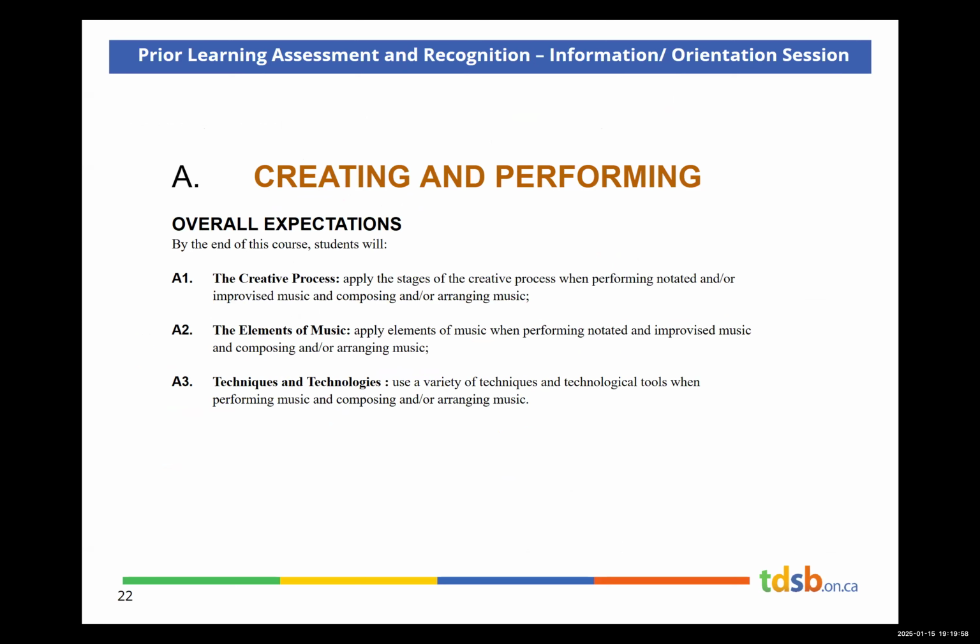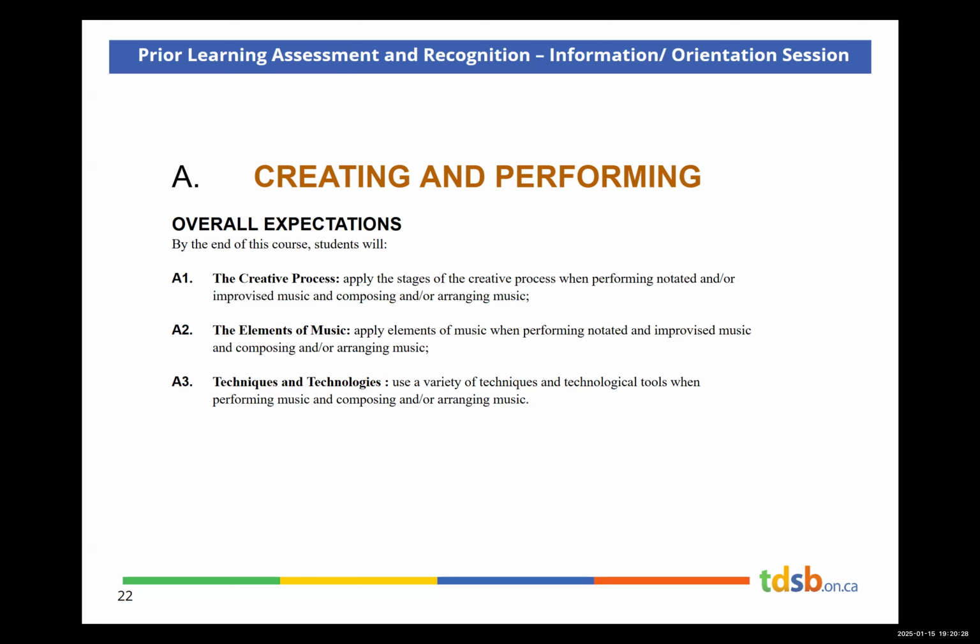So creating and performing overall expectations: by the end of the course, students will, one, the creative process, apply the stages of the creative process when performing notated and improvised music and composing or arranging music. You will do expectation A2, the elements of music, applying elements of music when performing notated and improvised music and composing and arranging music.